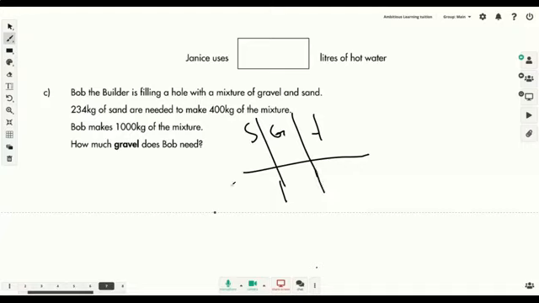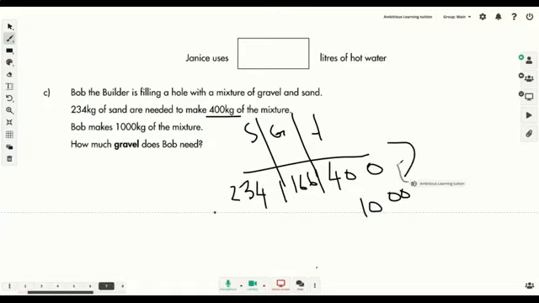That's 234 is given to me. 166. And what's the total? How much is needed basically? 400 is needed. To how much? Into 1000.